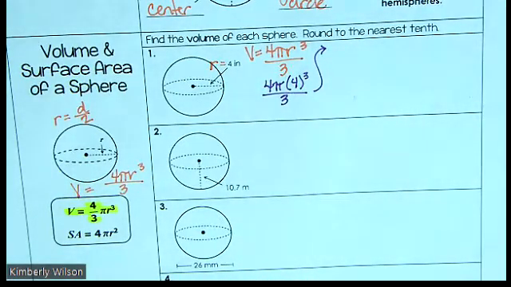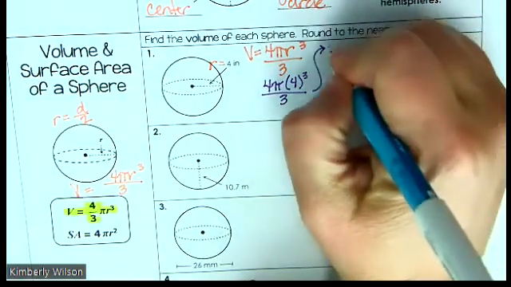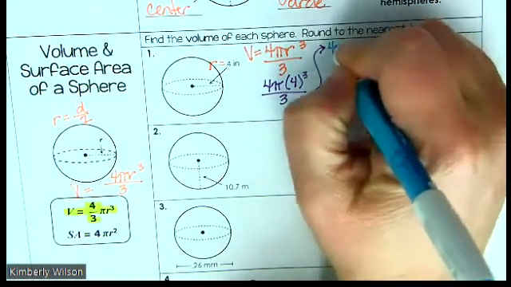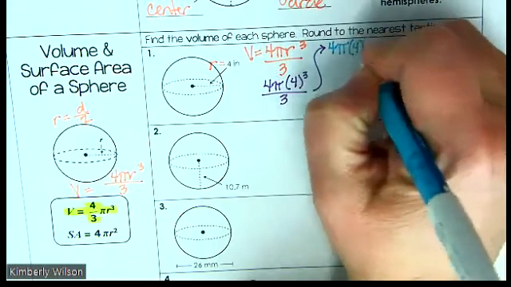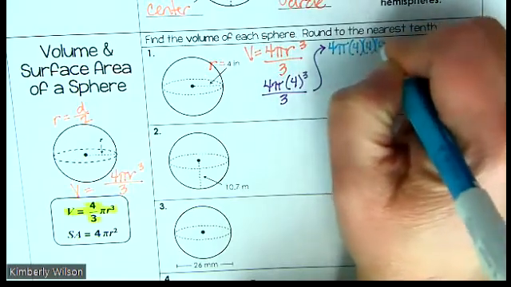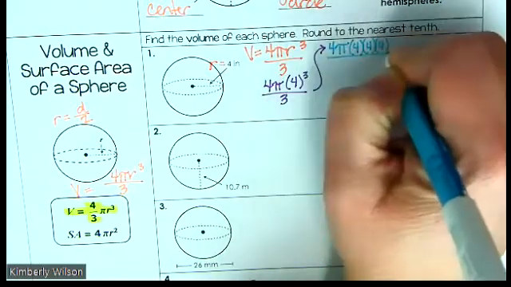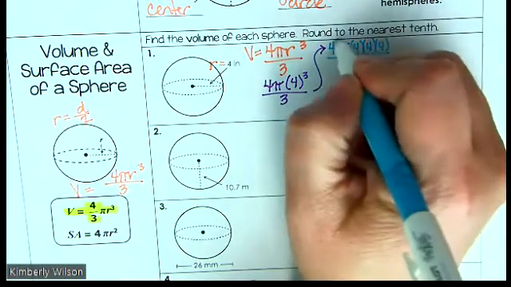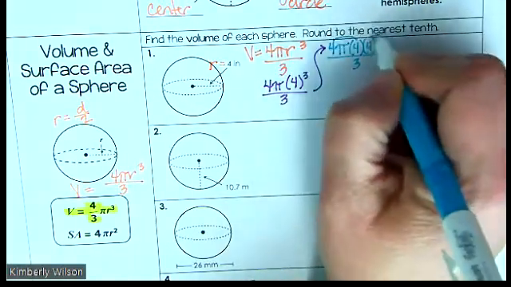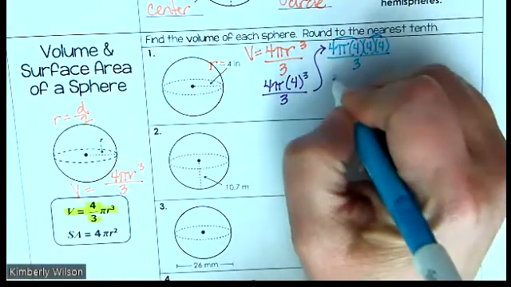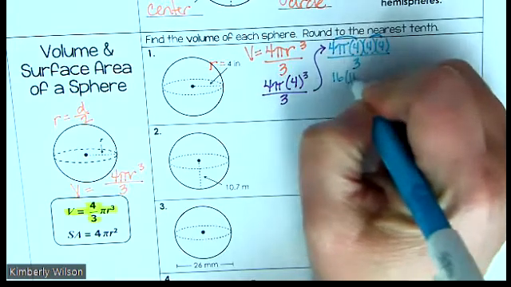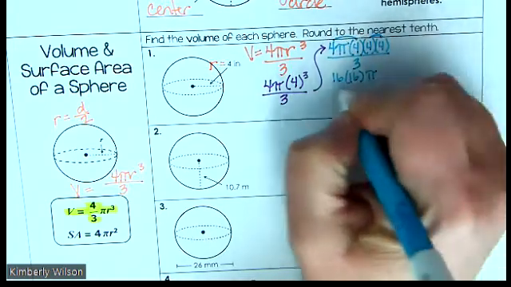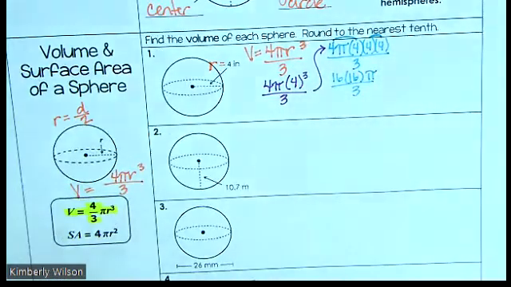When it's 4 to the 3rd power, that means I'm doing 4 pi times 4 times 4 times 4, all over 3. I can multiply these two together and these two together, which gives me 16 times 16 pi divided by 3.